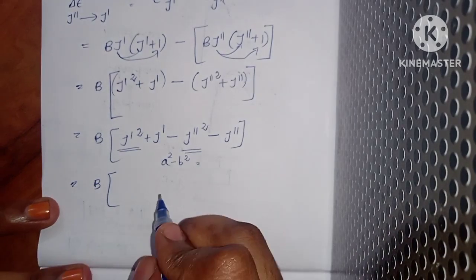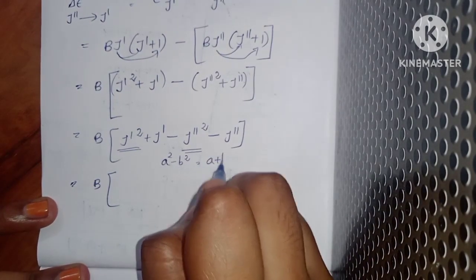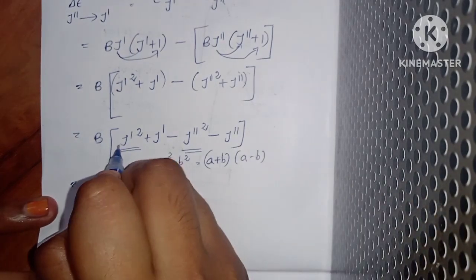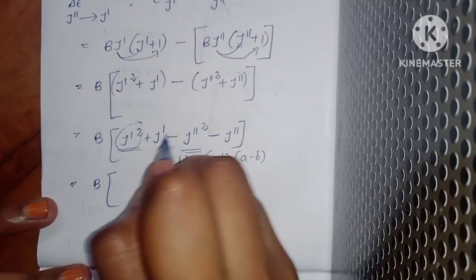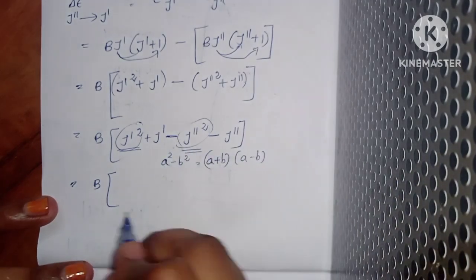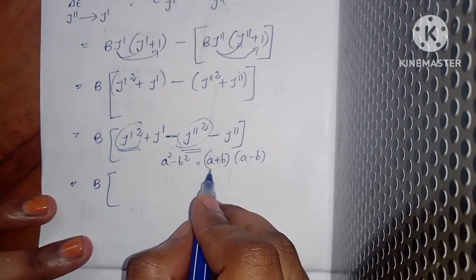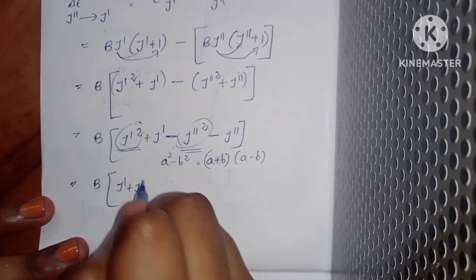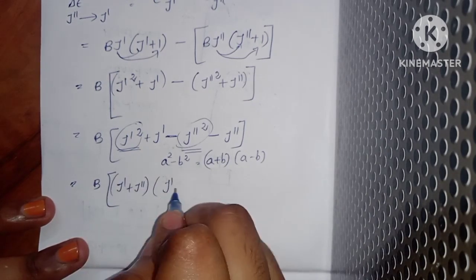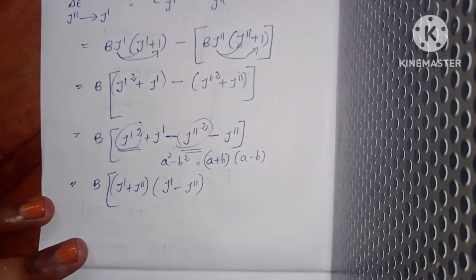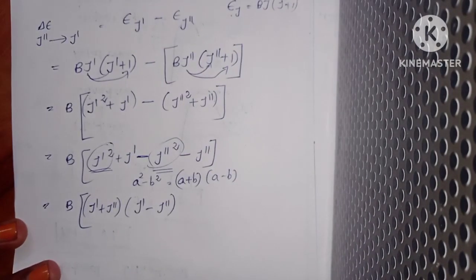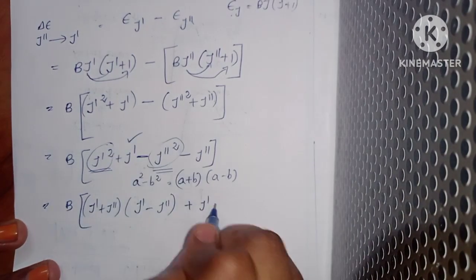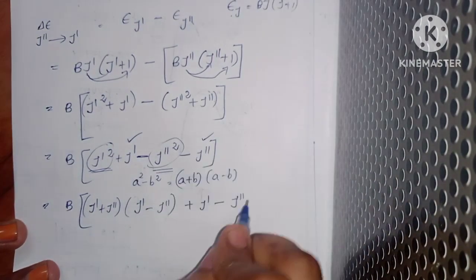We know A square minus B square will be equal to A plus B into A minus B. So like that, J dash square minus J double dash square can be replaced by the A plus B into A minus B format, that is J dash plus J double dash into J dash minus J double dash. The rest of the terms are plus J dash here and minus J double dash here.